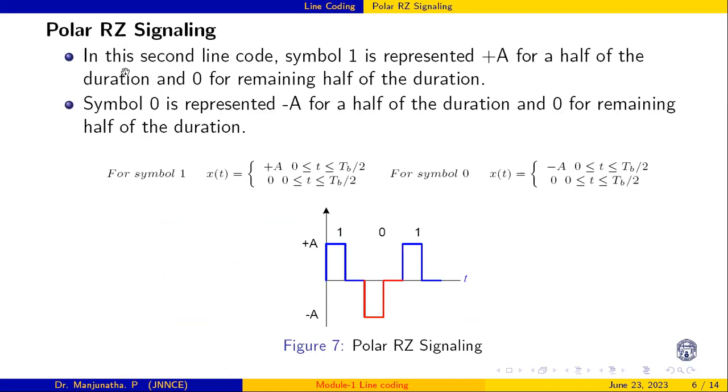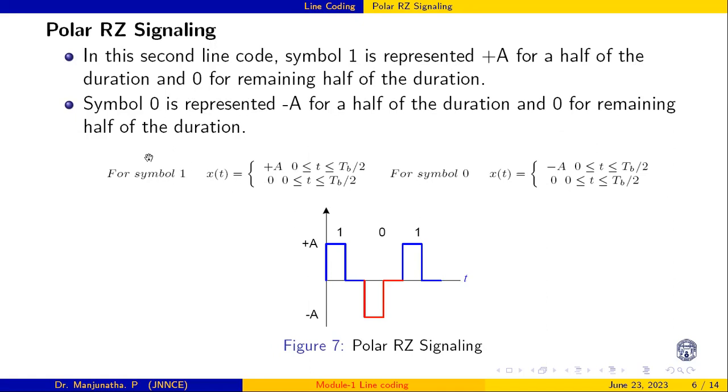Polar RZ signaling. In this line code, symbol 1 is represented by plus A for half of the duration and 0 for the remaining half. Symbol 0 is represented by minus A for half of the duration and 0 for the remaining half.